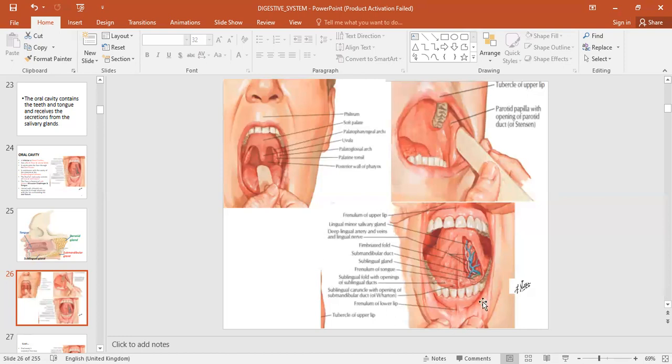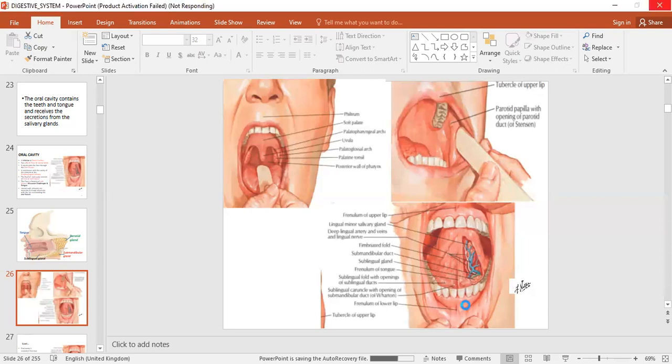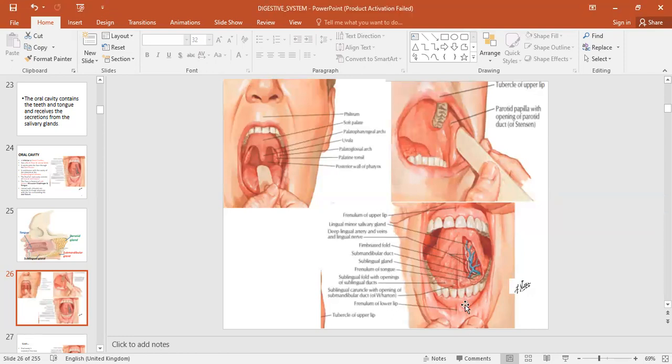These frenula hold the lip in position. They connect the lip to the gums so that the lips cannot be loose. If this is cut, you find that the lip becomes a bit loose and seems to hang loose from the mouth. That's all about the lips.